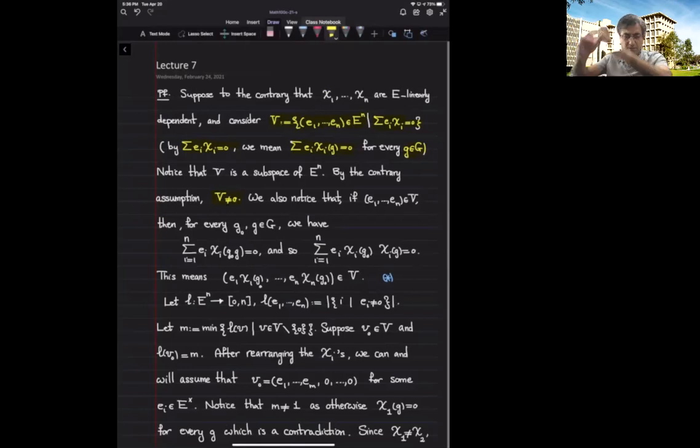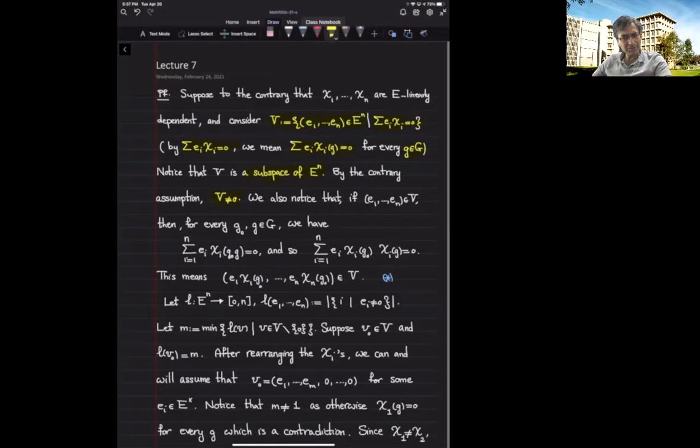It's rather easy because if I give you e_i's and e_i primes, and both of them give us this zero linear combination, I can scale one of them and add it to the other one and use the distribution property and deduce that their linear combination is still inside this set V. So this V is a subspace of E^n, and it's a non-zero subspace of E^n.